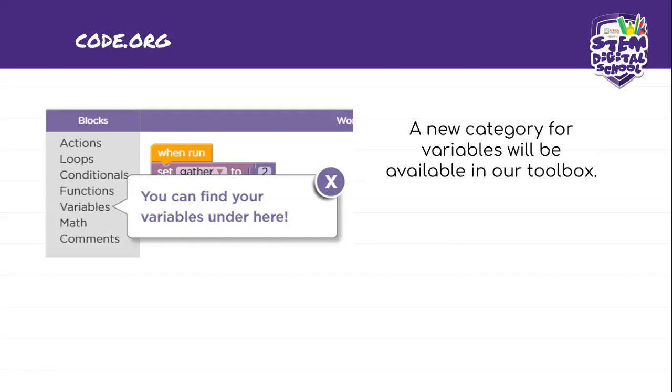So as you guys can see, currently we have actions, we have loops, we have conditionals, functions, variables, math, and comments. Okay, so you really have to know that, hey, if I want to pick up something that is just an action, I will go look in actions. If I want to repeat something a number of times, I will go to my loops and I will be able to find my repeat block in there.